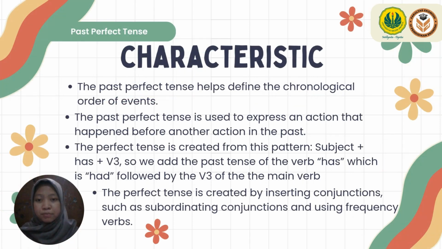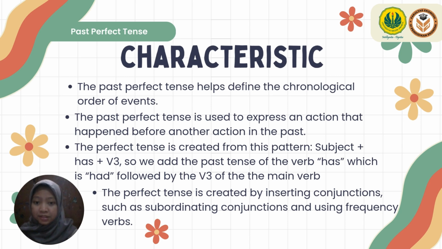Characteristics of past perfect tense: the past perfect tense helps define the chronological order of events. It is used to express an action that happened before another action in the past. It is created from this pattern: subject plus had plus verb 3, so we add the past tense of the verb have, which is had, followed by verb 3 of the main verb.